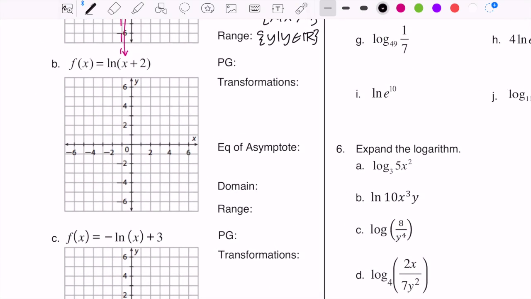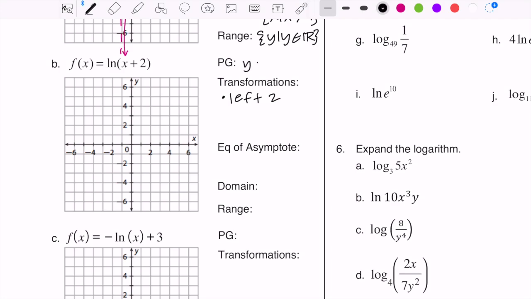Next one, we are graphing the natural log of x plus 2. Again, if you don't know what your parent graph is, it's always the graph before you do any transformations. So take care of your transformations. You're pretty good at noticing that that's going to be left 2, because the 2 is in with the x, it's horizontal, and when it's in with the x, it's the opposite.